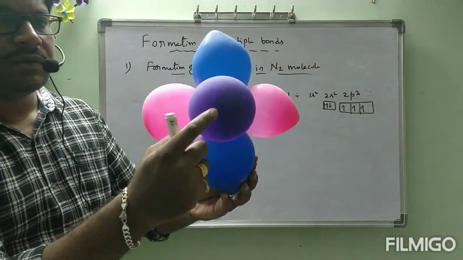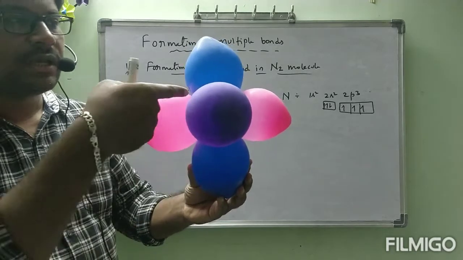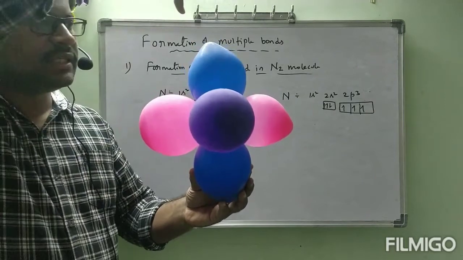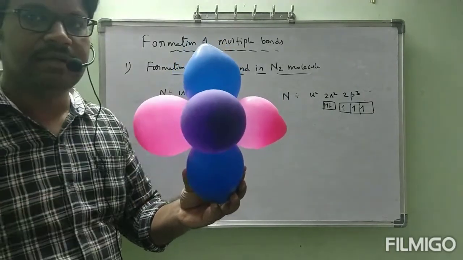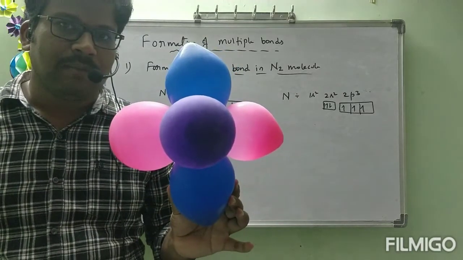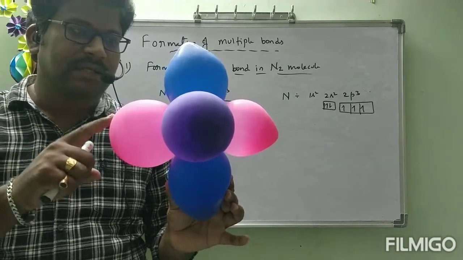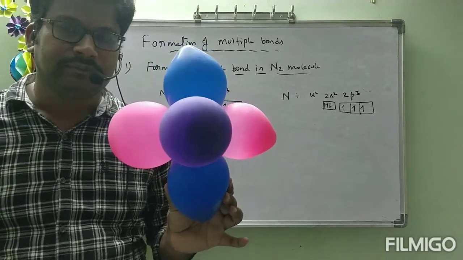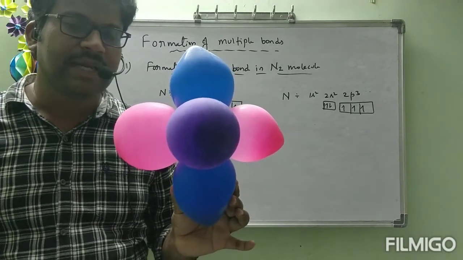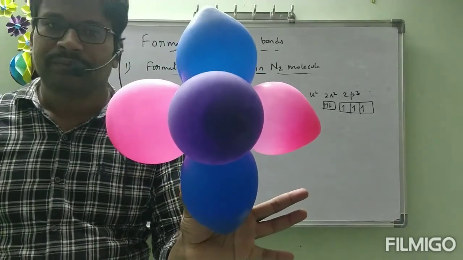This violet color balloon towards you is along the z-axis. This is px, this is py, and this is pz. P orbitals must be drawn in this way. All the three will be present along x, y and z axis respectively.